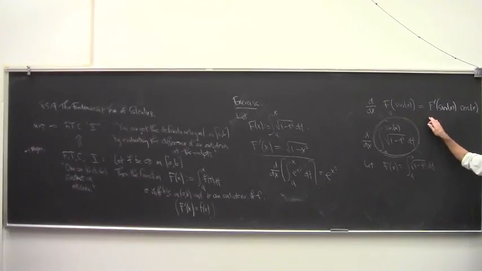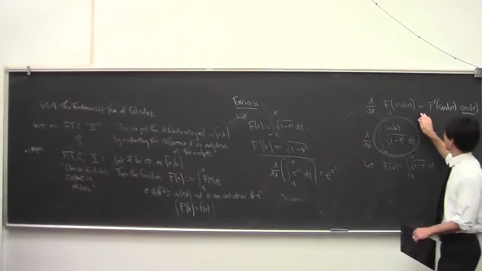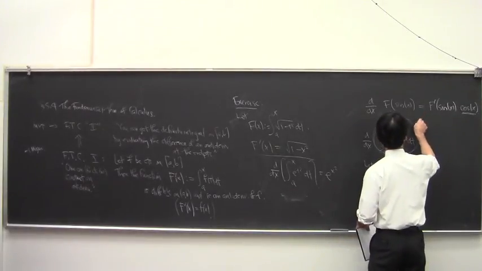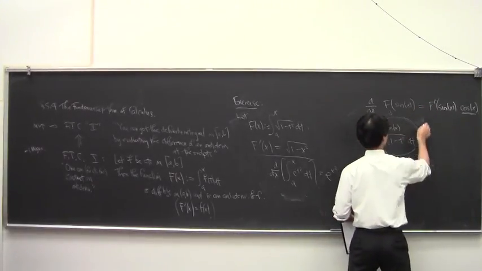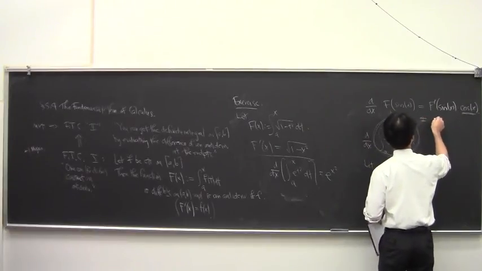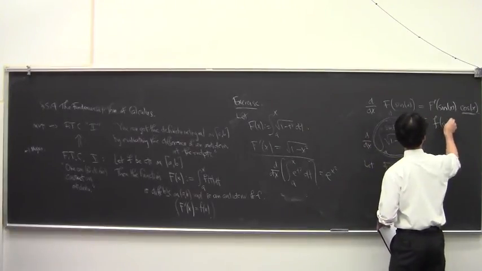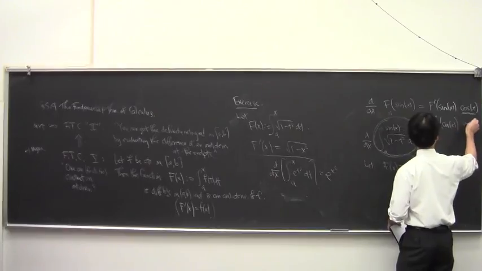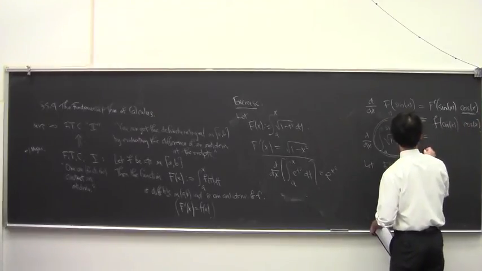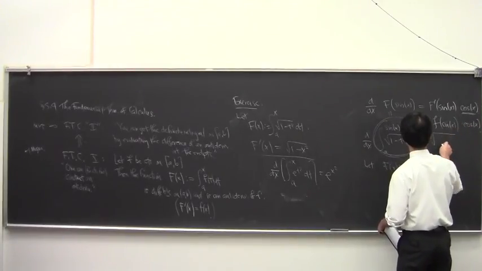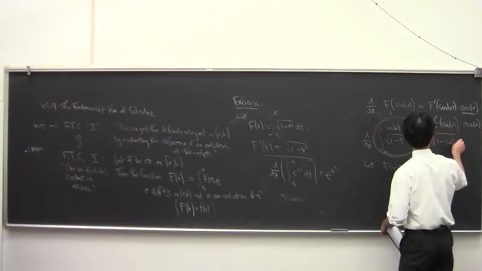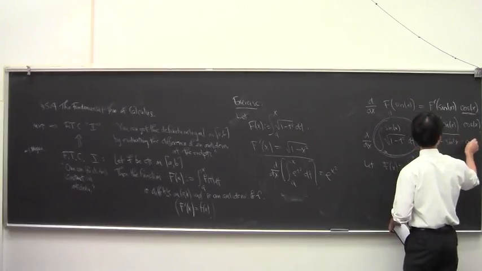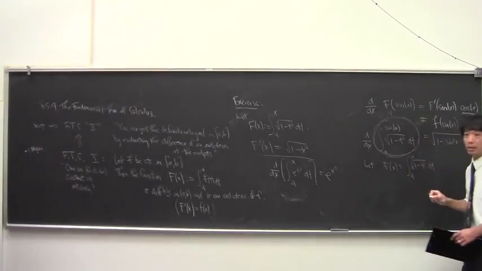You guys were close, but missed one factor. What you get is little f at sine of x times cosine x. In other words, you get the square root of 1 minus sine squared x, which is good, and then times cosine x by the chain rule.